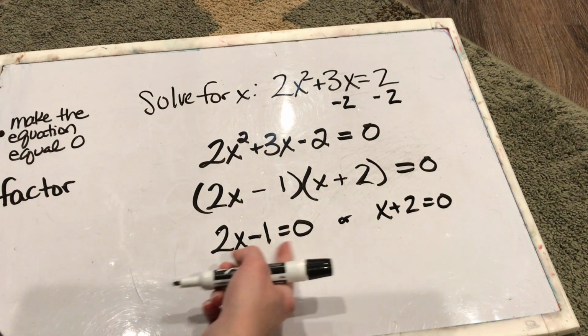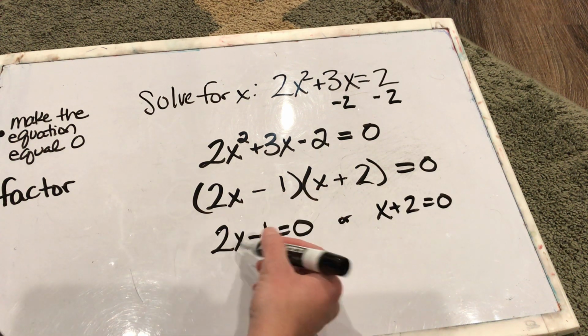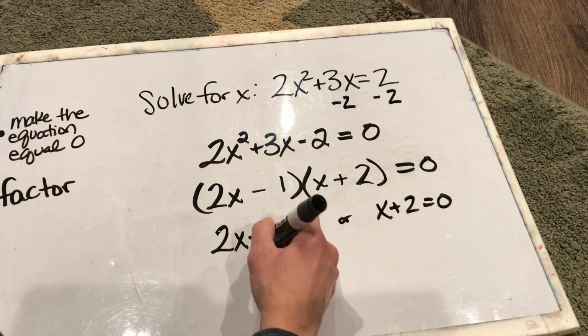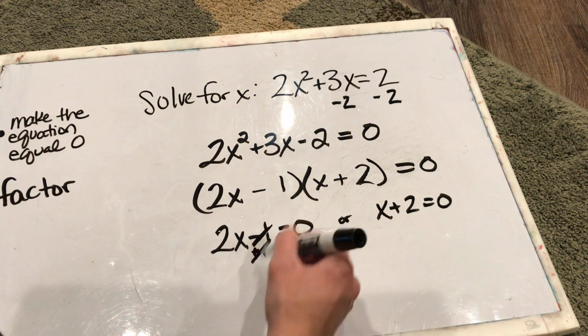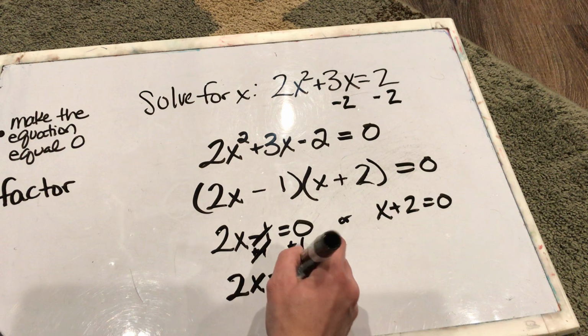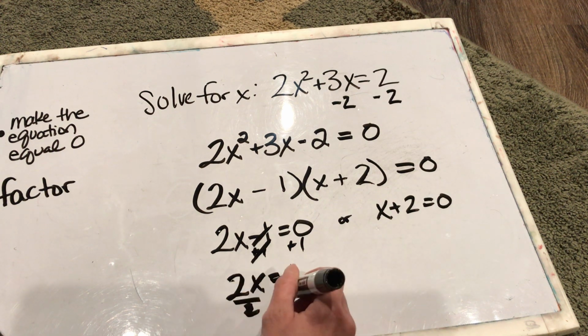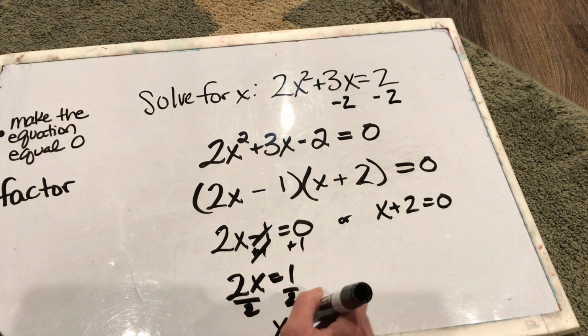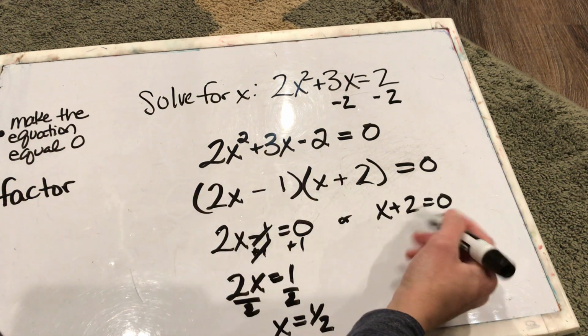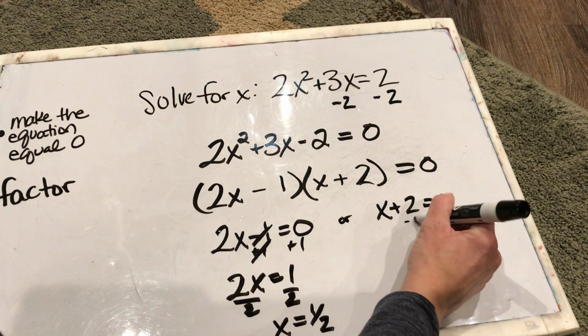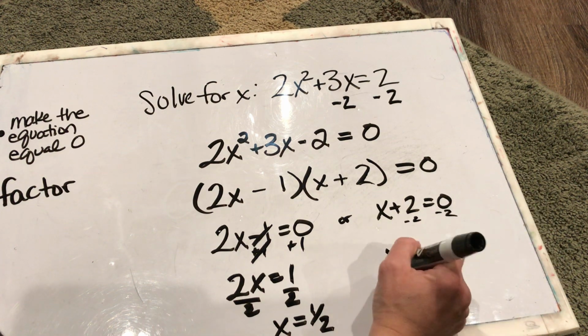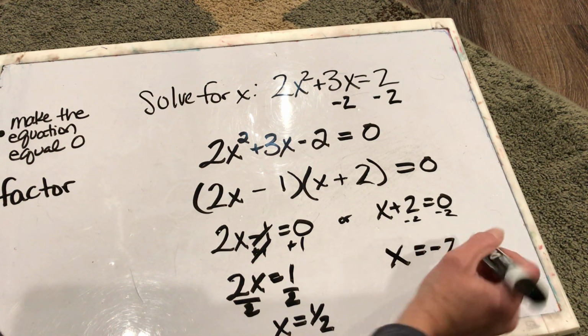And now I have very simple little equations that I can solve for x. So I'm going to add the 1 over here. That adds up to 0, so I have 2x equals 1, and then I divide by 2, and I get that x equals 1/2. Over here, I'm going to subtract the 2 on both sides, and I will have that x equals -2.